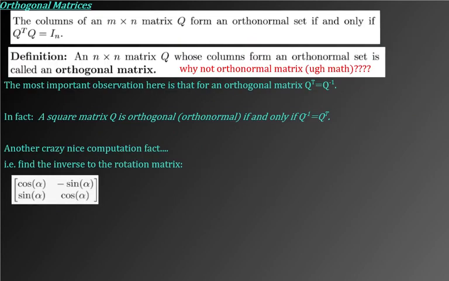All right, so this is the last thing I just want to point out. This is a very important theorem, basically saying that the columns of an n by n matrix form an orthonormal set if and only if you get this nice result, okay? And an n by n matrix Q, whose columns form an orthonormal set, is called an orthogonal matrix. And this always bugged me in math, okay?